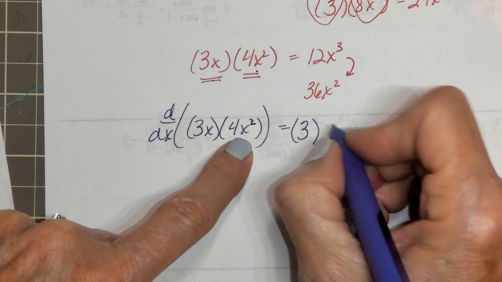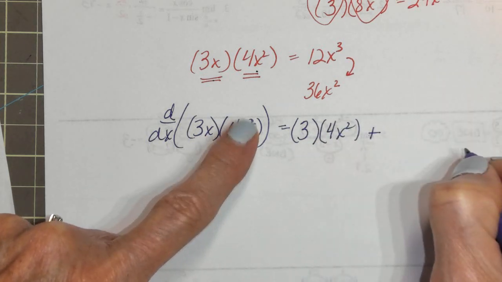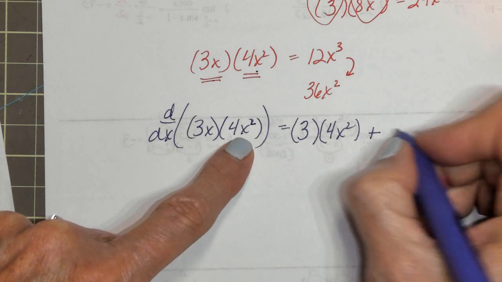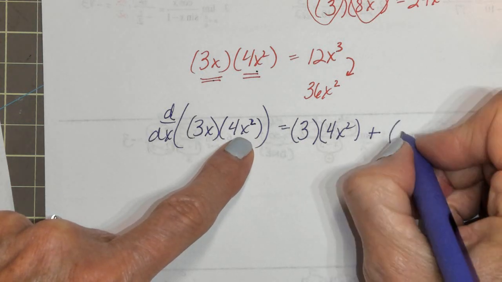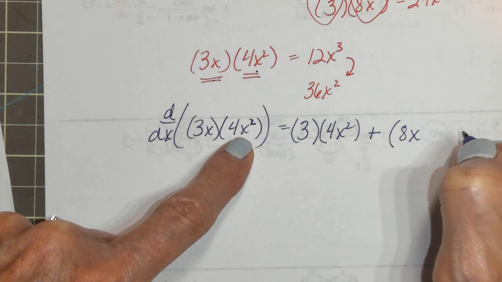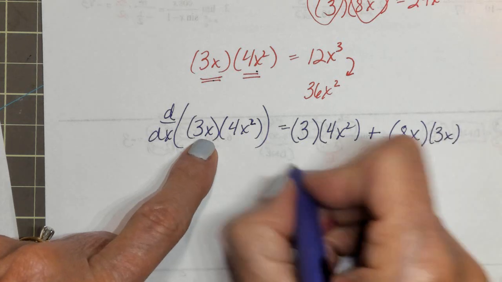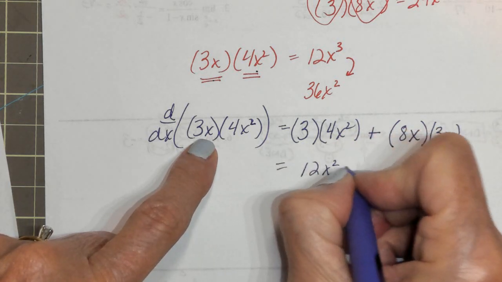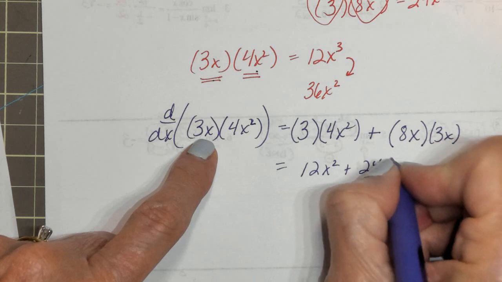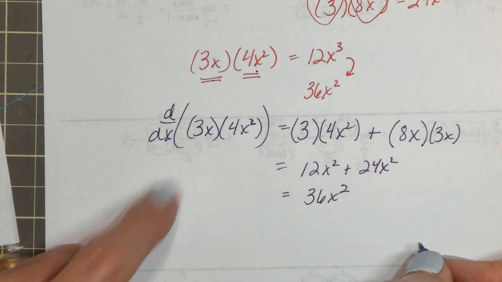I'm going to multiply by the 4x squared left alone, plus, now the derivative of 4x squared. The derivative of 4x squared is 8x, and then we multiply that by the 3x left alone. So this is 12x squared plus 24x squared, which is indeed 36x squared.